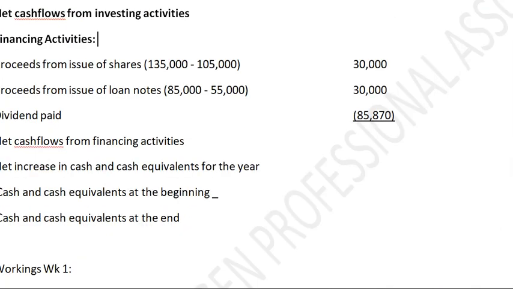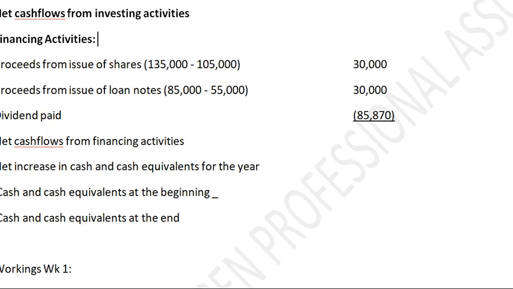Thank you. So we have it here. Proceeds from shares: we started with 105 and are now closing with 135. The difference is 30. Proceeds from issue of loan notes: we started with 55 and are closing with 85. The difference is also 30. Then you have dividend paid during the year of 85,870.